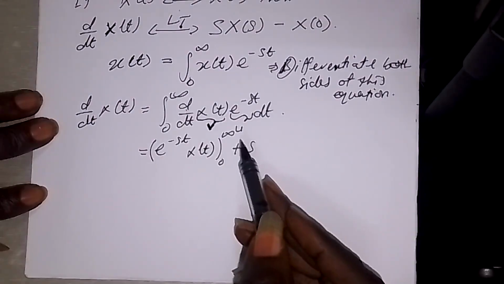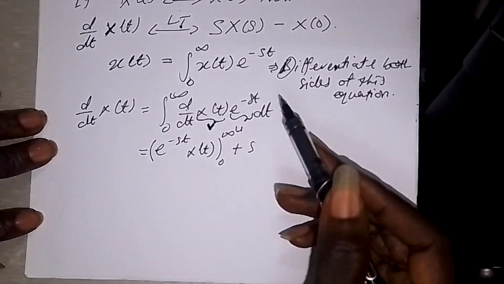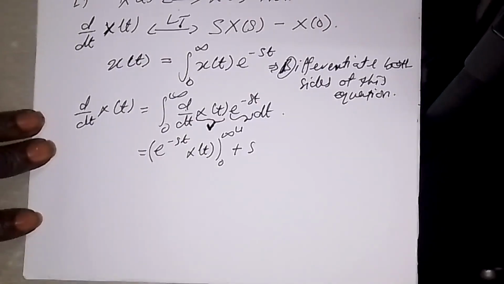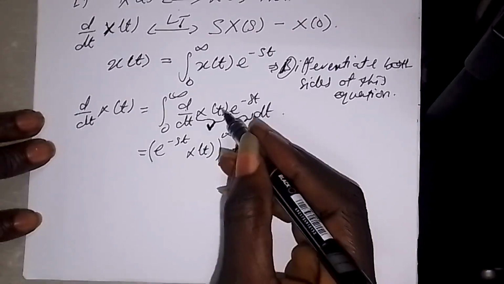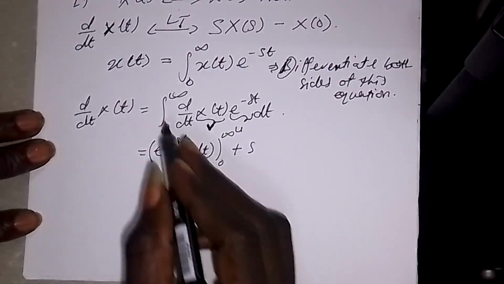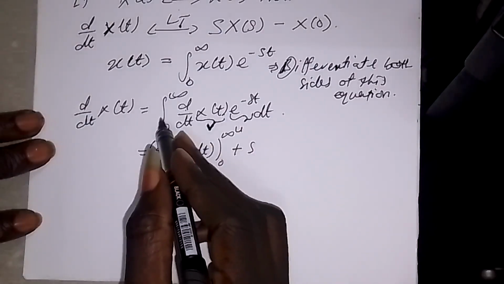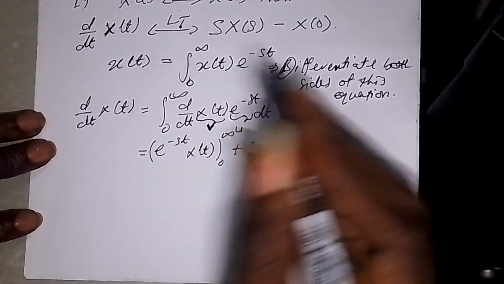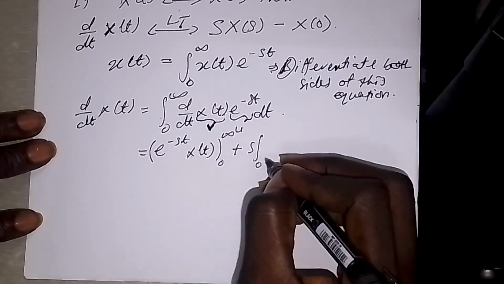If I do the first integration, I'll have x of t. Like here, when I did the first integration, I got x of t. Then I'm supposed to do another integration, because I'm supposed to integrate it 2 times.